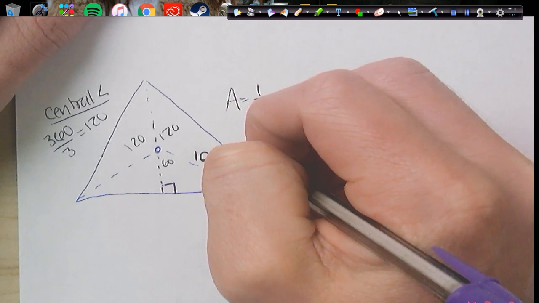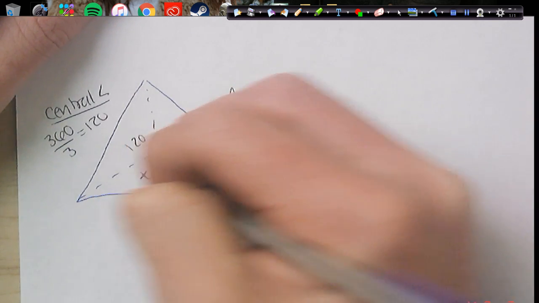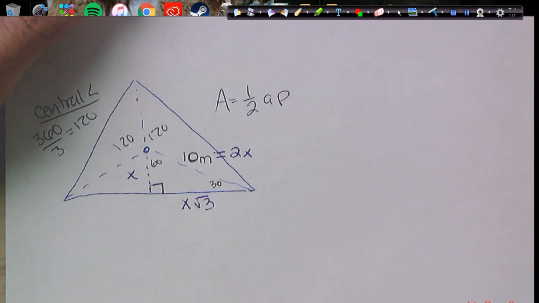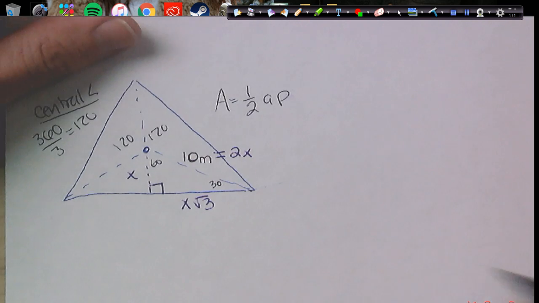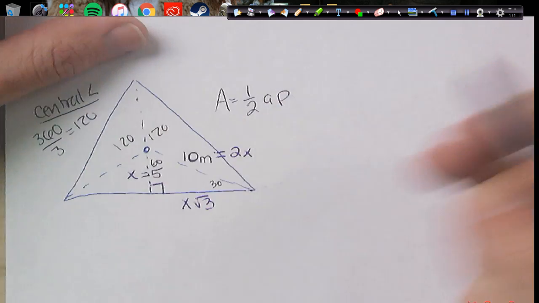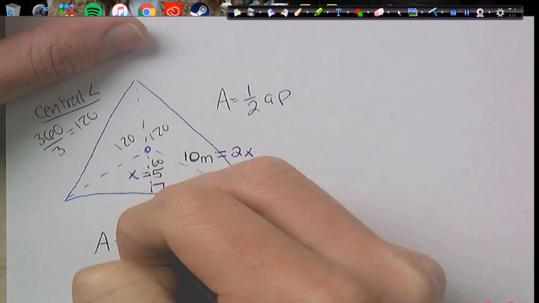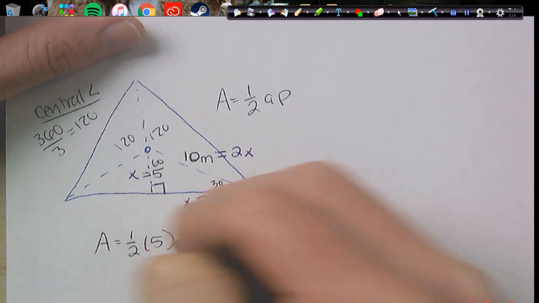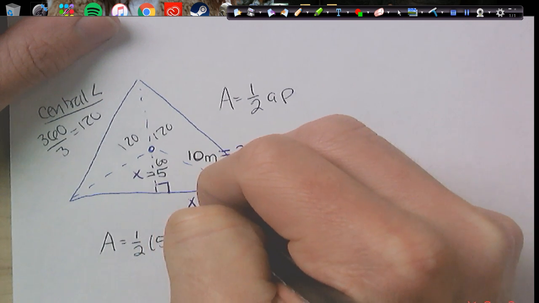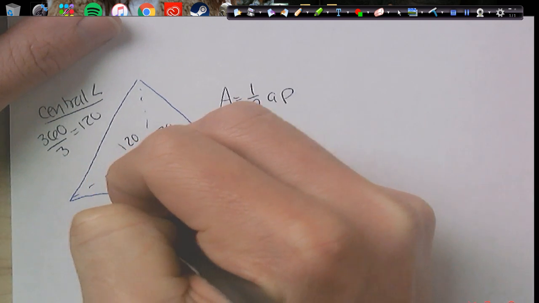Across from 90 is 2x, this is x, and this is x rad 3. So if 10 is 2x, then our apothem is going to be half of that, or 5. And then our side length down here is 5 rad 3 and 5 rad 3.